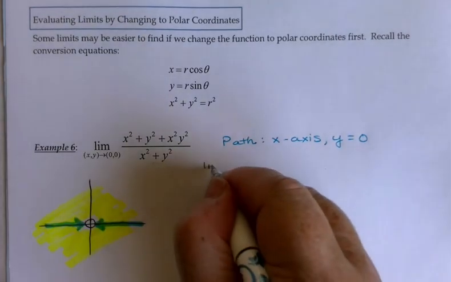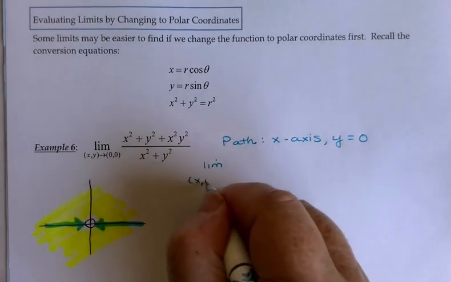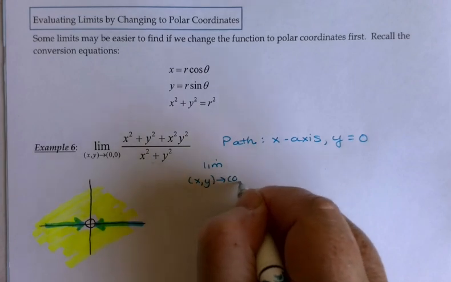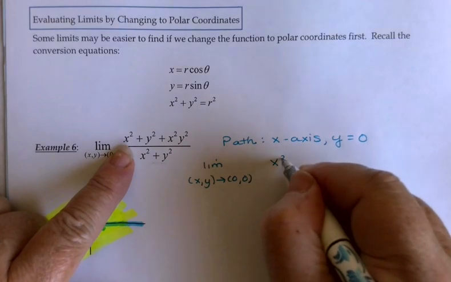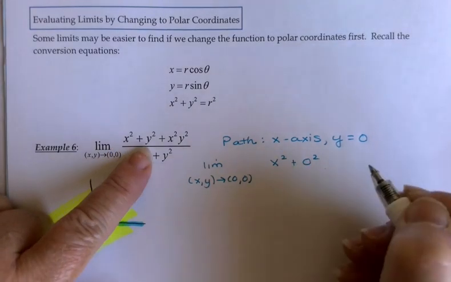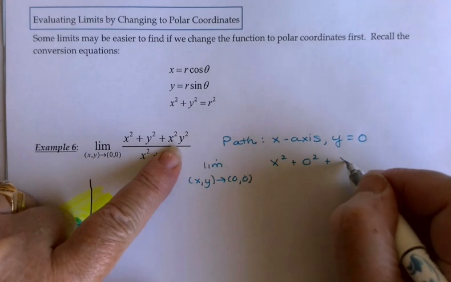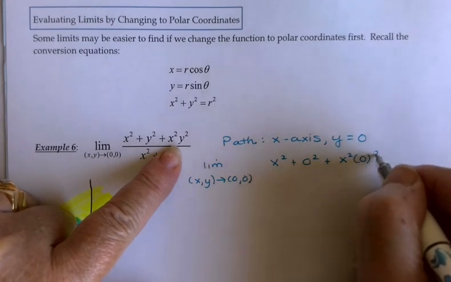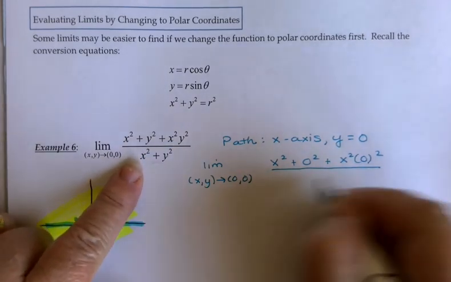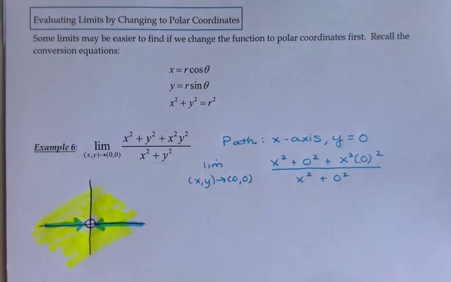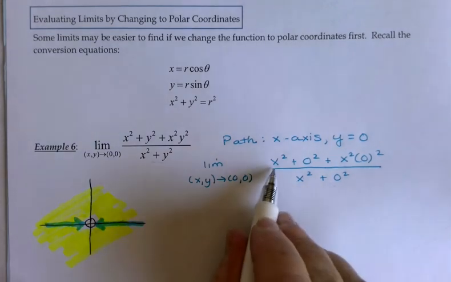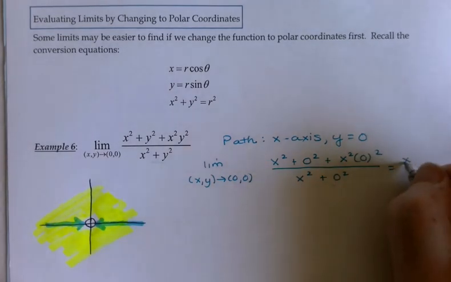I would get the limit as (x, y) goes to (0, 0) of x squared plus 0 squared plus x squared times 0 squared over x squared plus 0 squared. Everything over here is 0. I really just have x squared over x squared.